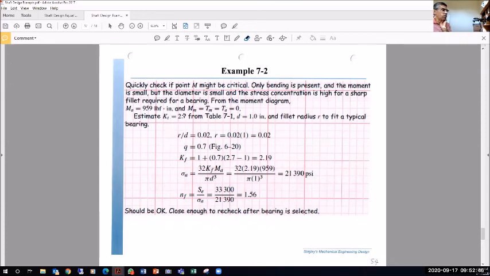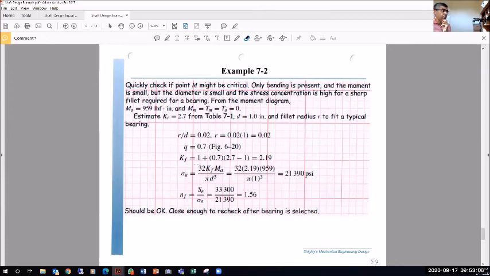Now I know my R over D is going to be 0.02. I can calculate the radius. Knowing the radius and knowing the material, I can find Q. So I calculate a KF of 2.19.